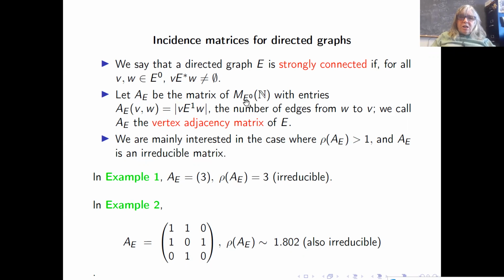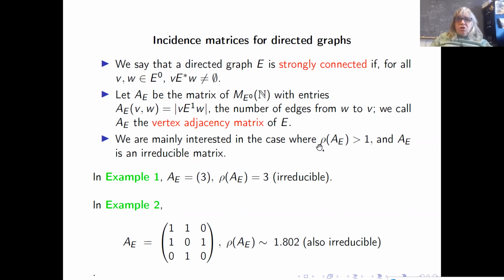It's a square matrix indexed by the vertices of E and having integer entries. So the VWth entry of this matrix will be the number of edges that go from W into V.